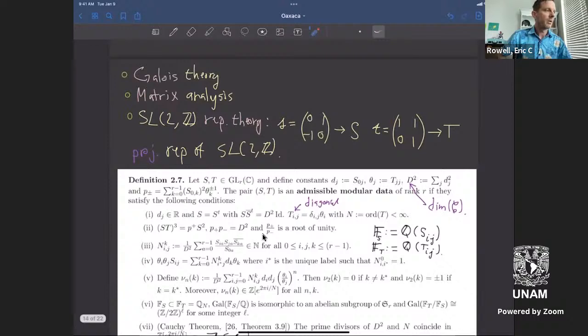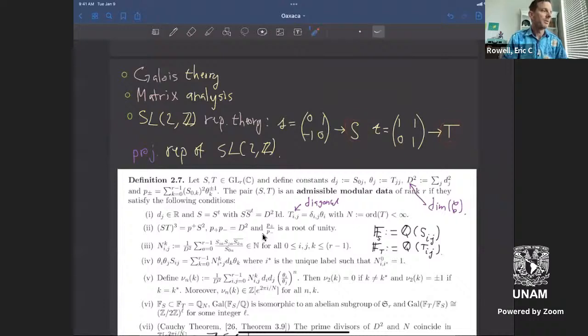It turns out that all of the entries of the S matrix and all of the entries of the T matrix live in nice, in fact abelian, extensions of the rationals. So you can use Galois theory. You've got lots of matrices lying around, and so you can do some matrix analysis. Also, perhaps the most crucial thing is that the modular data isn't just a couple of matrices.